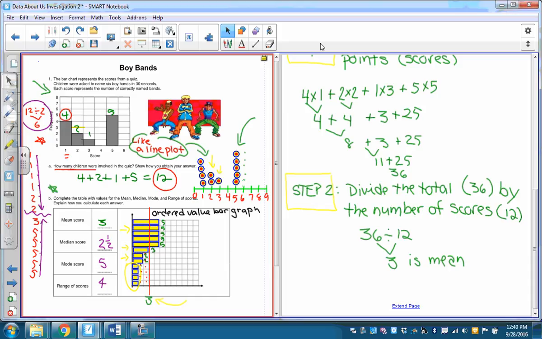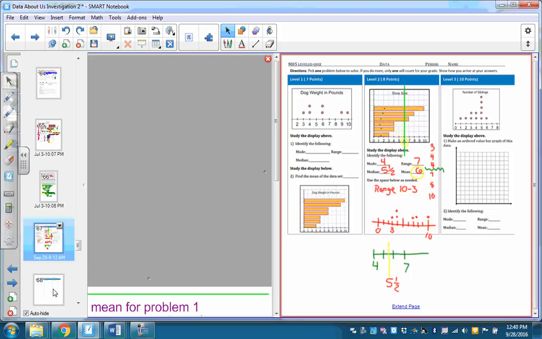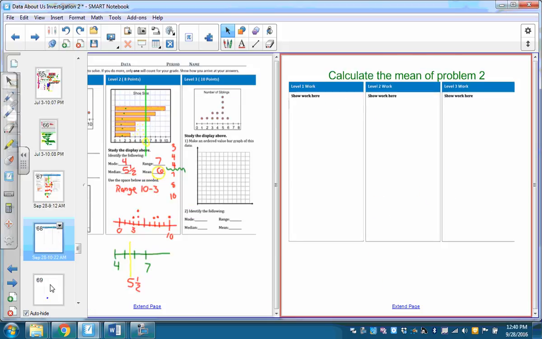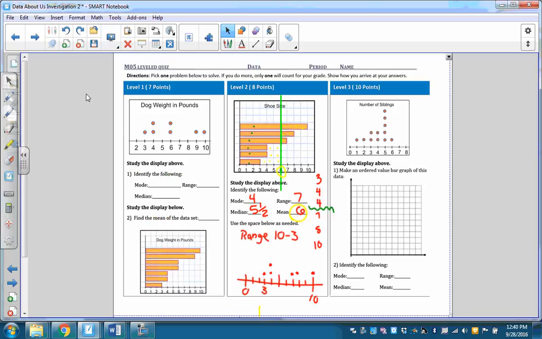So, good question. I noticed on the back of your quiz, you have a blank spot. So the left is the quiz from yesterday, and the right is the blank spot. So what I'm going to do is, before we get too into each individual quiz, look at the middle problem, and I'm going to use the middle problem to calculate the mean.